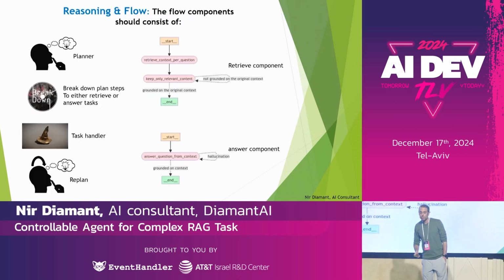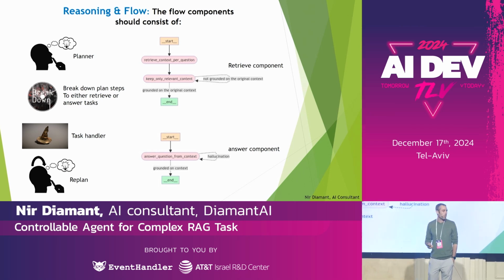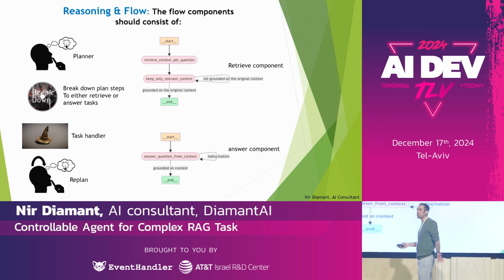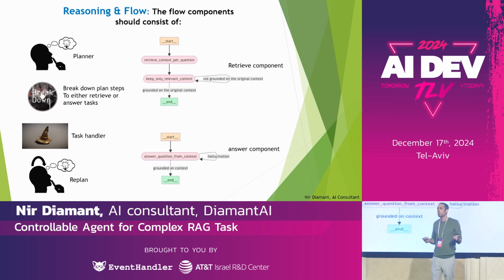Great. So the components that we need in our agent are, first, a planner. Given a question, we want some agent that thinks about what steps we need to do in order to solve this question.